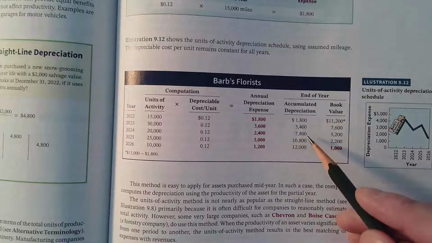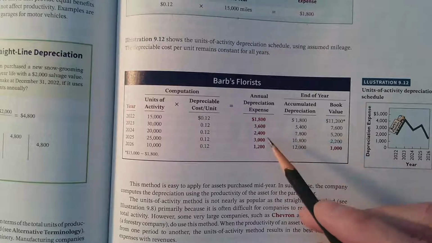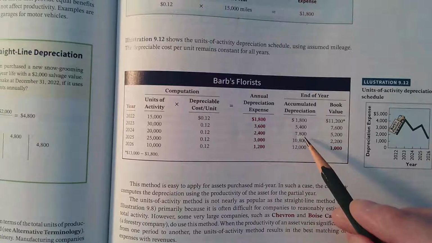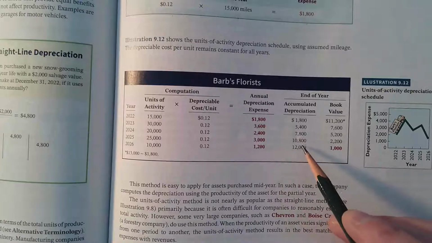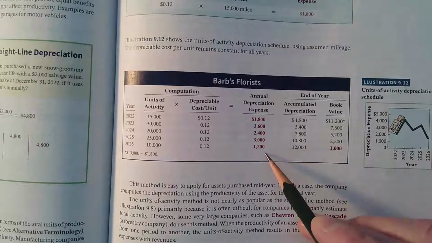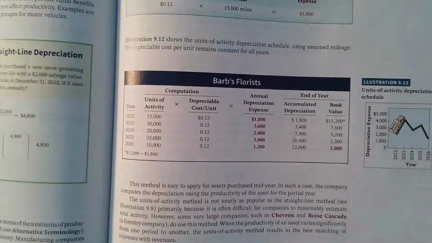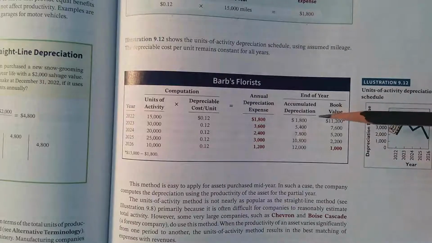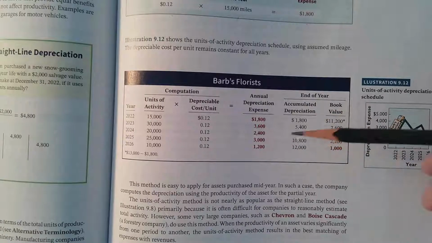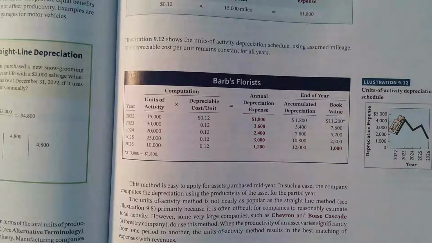The next year, they took 5,400 and added 2,400 and got 7,800. The next year, they took 7,800 plus 3,000, making 10,800. 10,800 plus 1,200 gives you 12,000. So that's how they calculated that accumulated depreciation, by just simply constantly adding up all the depreciation.